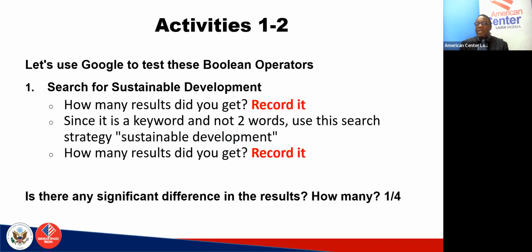You know, in Google, the space in between two or more keywords is showing that you are actually saying AND. So I want you to go ahead and type out sustainable development on your Google. If you have your phone, I've also picked my own phone. I want you to record the results that you've gotten quickly.